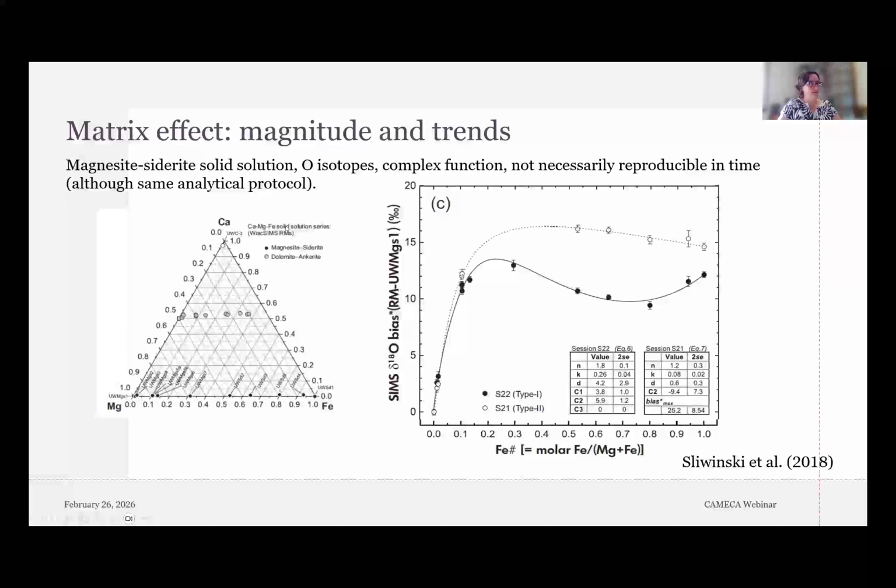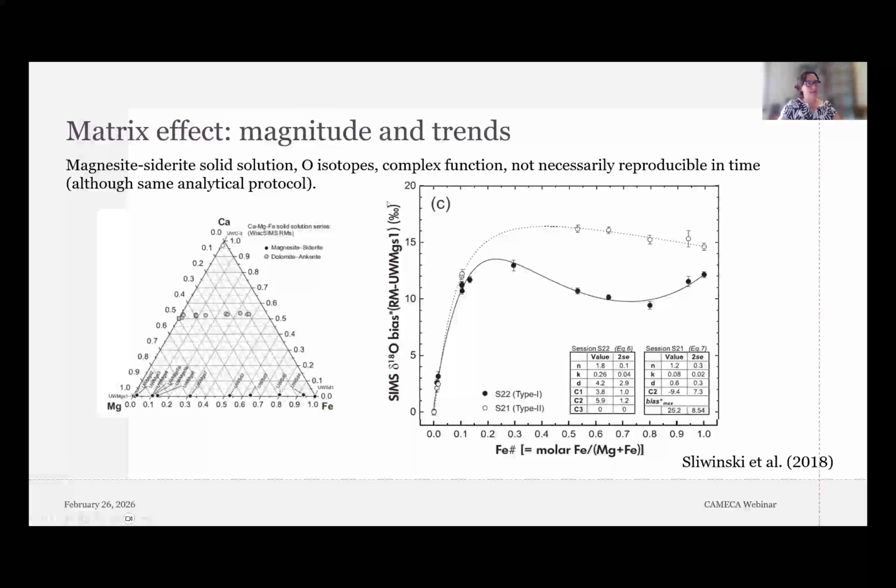Here, to illustrate the reproducibility of the matrix effect, I'm using the example of the magnetite siderite solid solution and the analysis of oxygen isotopes. Again, we can see the different compositions of the reference material plotted in this triangle here.